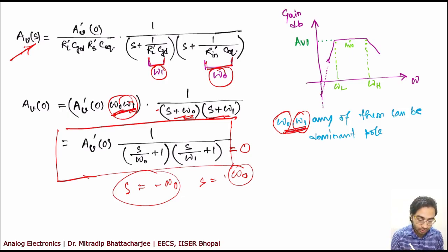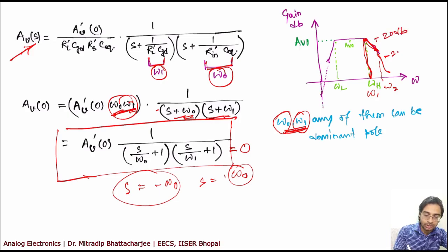Now these two poles, any one of them can be dominating, right? Any one of them can be dominant in this case. And what decides which pole is dominant? Whichever appears early is dominant. Why is it dominant? Because from that point only your gain will start decreasing. So say if this is omega 1, from this point only it will start decreasing, and then if you get omega 2, there will be another minus 20 dB decrease.